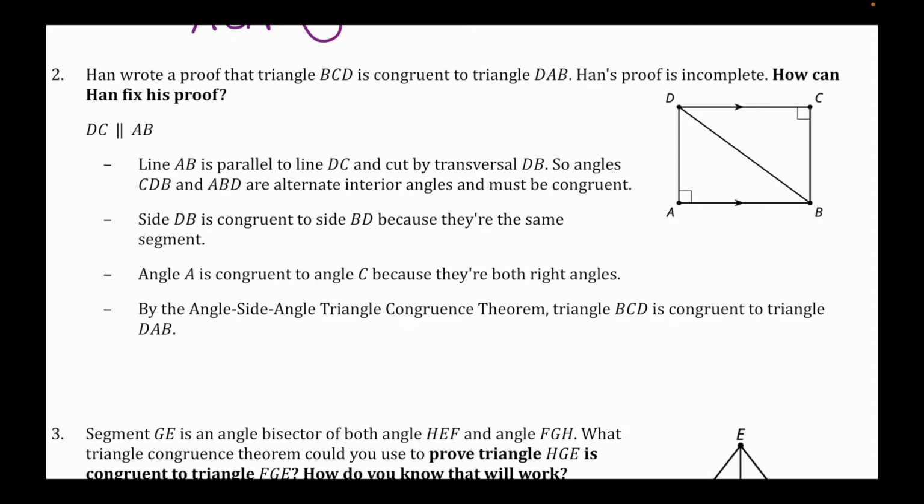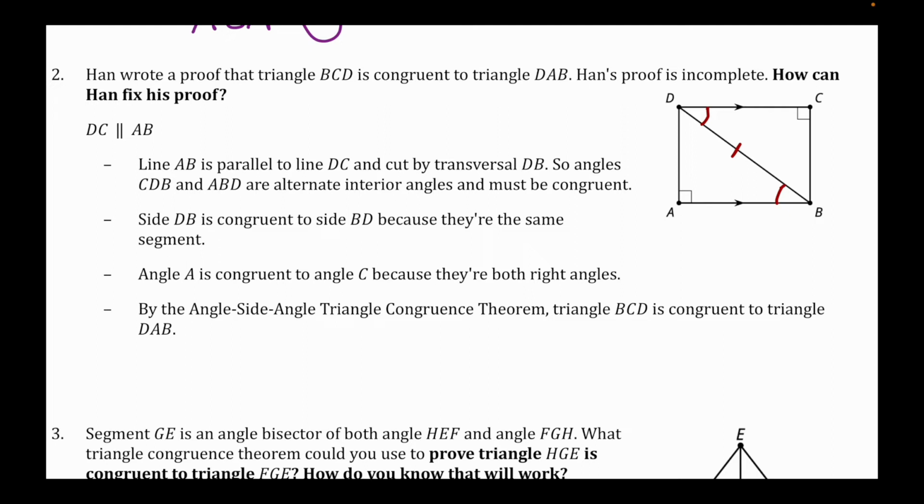So he is good in saying those angles, so I will mark down what he said. He said these are CDB and ABD. He's now saying this one is congruent to itself, the line in the middle, because they're the same segment, which is true. Now he's saying A is congruent to C because they're both right angles.